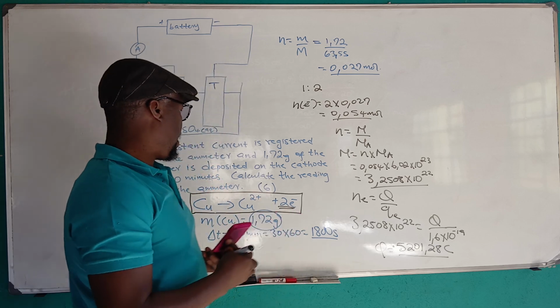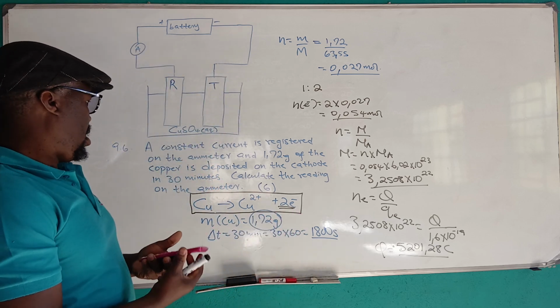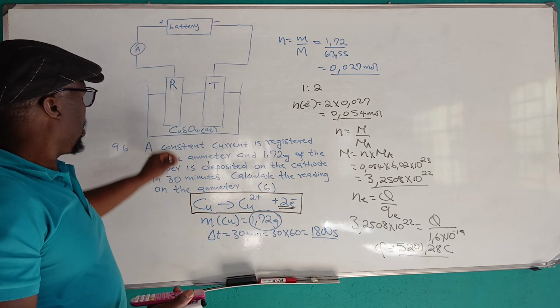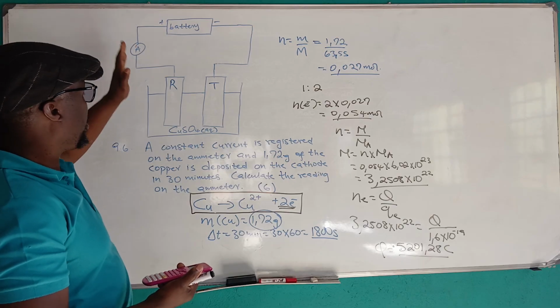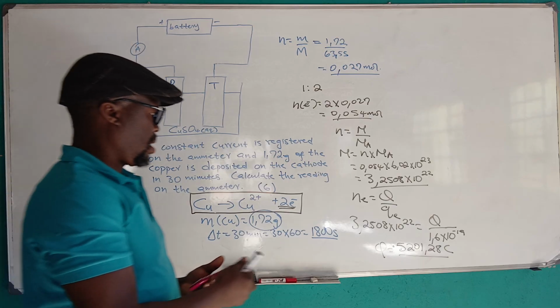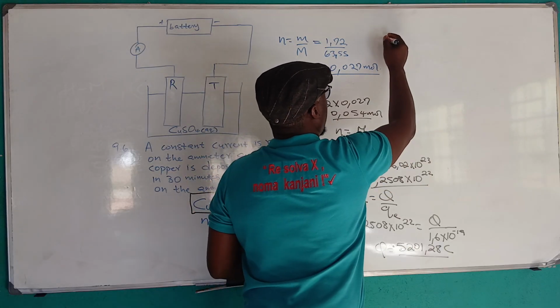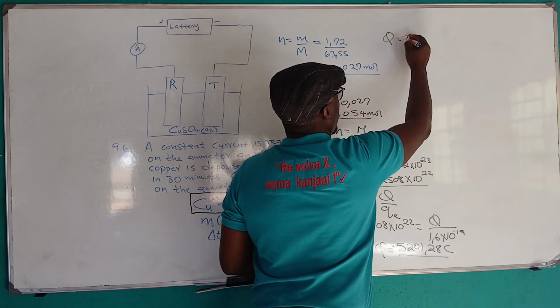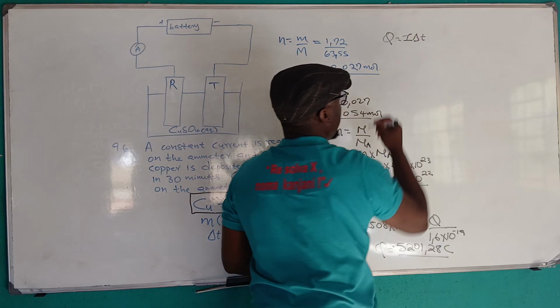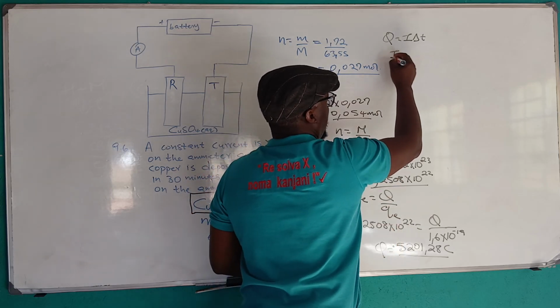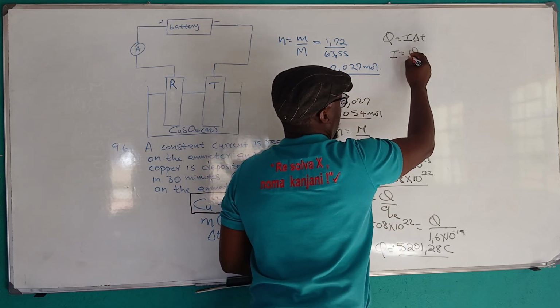Bear in mind that our main aim is to find out what the current which flows through that ammeter is. On reaching this point, you can make use of this formula: Q is equal to I delta T to determine the current.